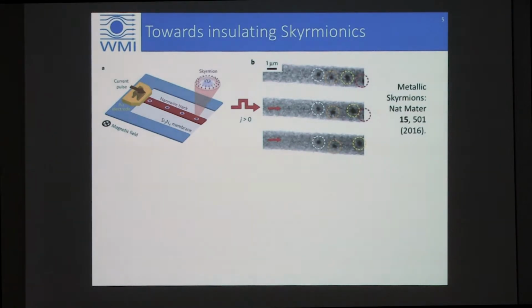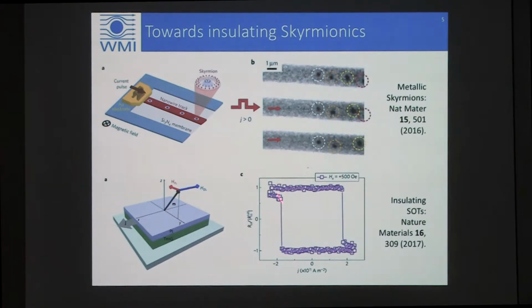So spin orbit torques on non-trivial magnetic structures seem to have an effect. Also, very recently it has been shown that if you use thulium iron garnet, which is a magnetic insulator, put platinum on top of it, and then apply current pulses to the platinum, with a perpendicular magnetic anisotropy material, you can actually switch it from up to down. So the spin orbit torques also work with insulators.